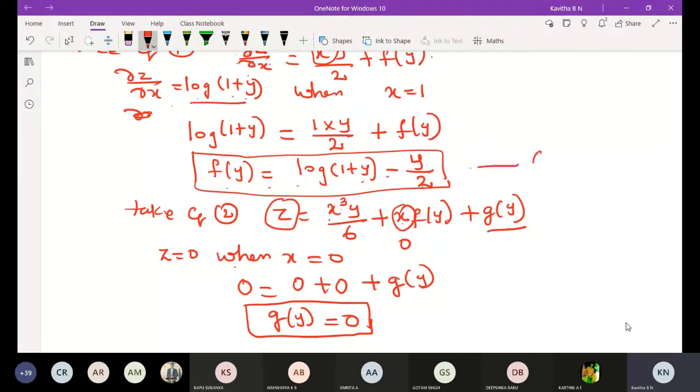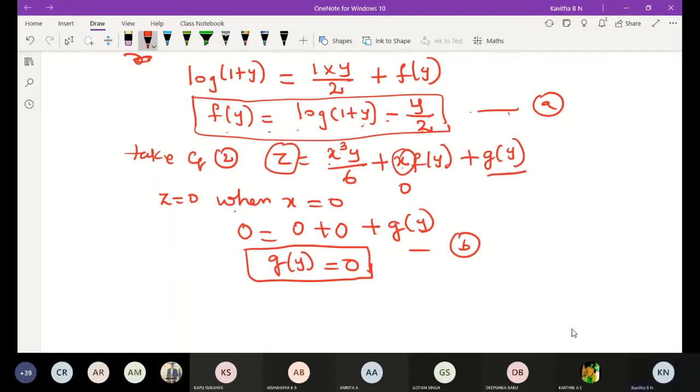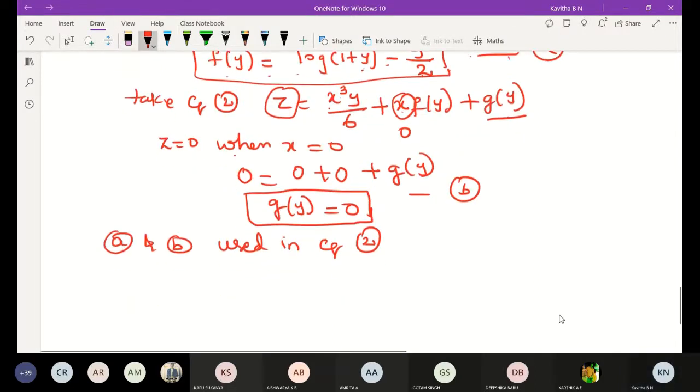Then these two, call it a and b. A and b are used in equation 2. Okay, equation 2 is what? Z is equal to x to the power of 3y by 6 plus x into f of y plus g of y.